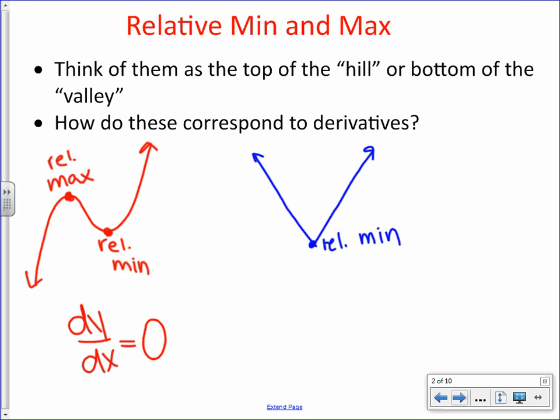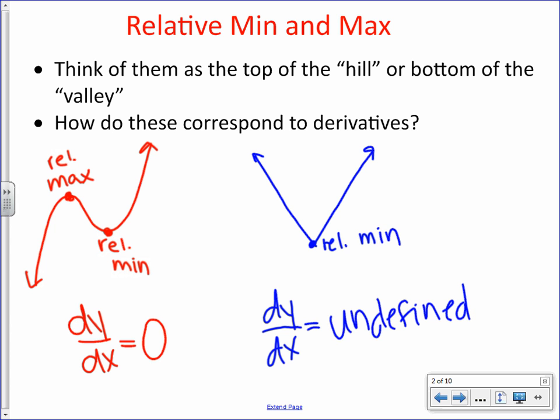Okay. So what would the difference here be as far as the derivative is concerned? Hopefully, you talked about how the derivative is undefined there. Okay, that is not a differentiable point because it is a corner.